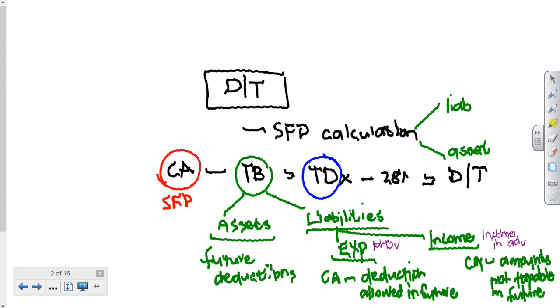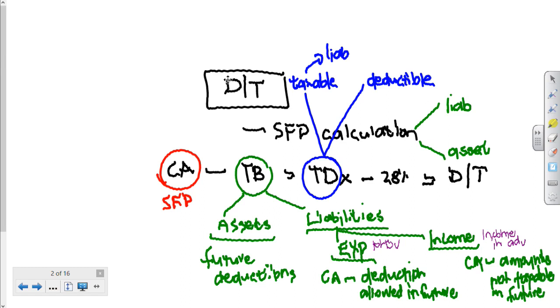There are two types of temporary difference, just in case you see them talked about in questions. There are taxable temporary differences and there are deductible temporary differences. The statement talks about a taxable temporary difference and a deductible temporary difference. The taxable temporary difference results in a liability.